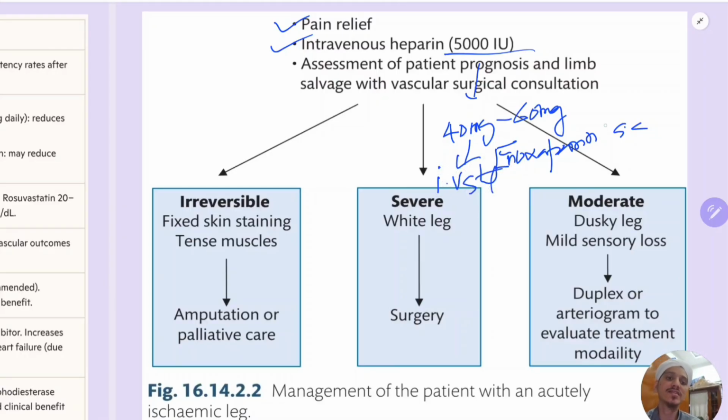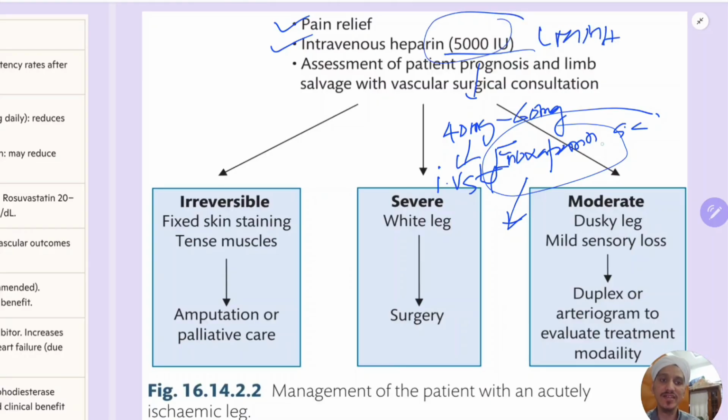But you can't use enoxaparin in kidney patients, because it has a long half-life and is excreted through the kidney. But you can give low molecular weight heparin in kidney patients also. This one is cheap, the other is somewhat costly. So depending upon the patient, you decide.